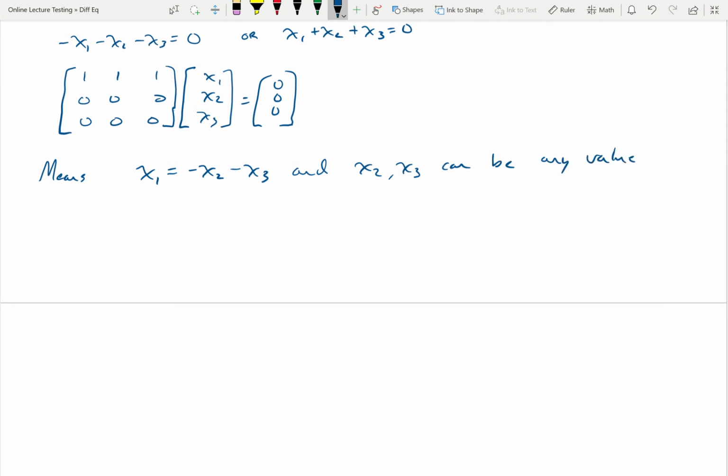All right. So if we look at the vector formed by that, we get negative x2 minus x3, x2, and x3.